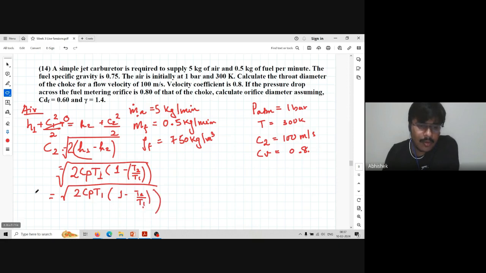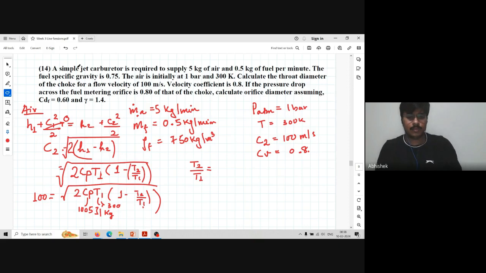Now C2 is given 100, T1 is given 300. Cp you know, take it in joule, so it is 1005 joule per kg. 1.005 is taken when it is kilojoule. Calculate what is T2 by T1. Do the calculation fast.